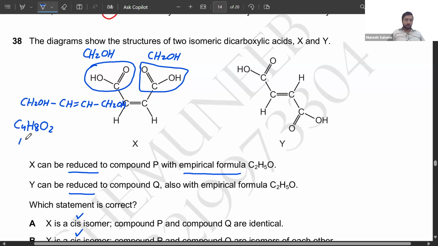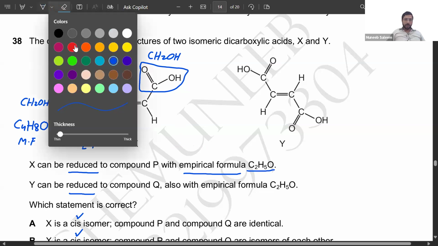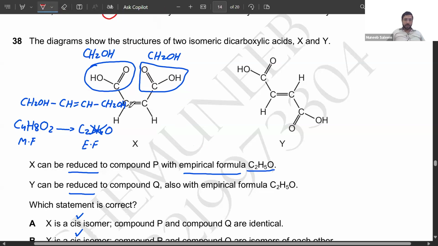We convert this molecular formula into the empirical formula. So the empirical formula becomes C2H4O. This is the empirical formula, but it does not match with this empirical formula C2H5O. So this is not the correct type of reduction, which means we need to include the reduction of the alkene part as well.